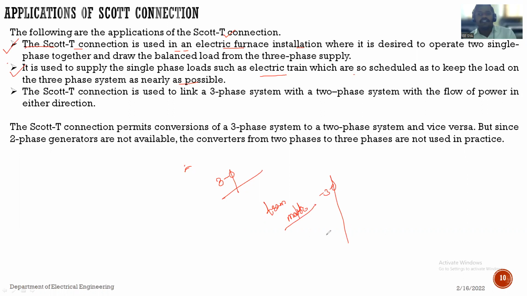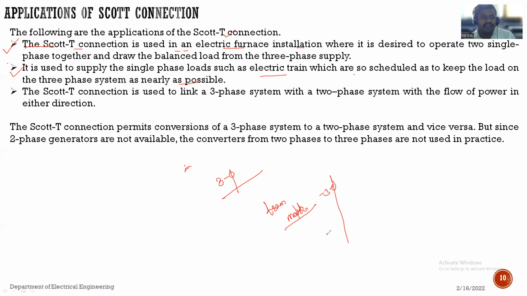Suppose we use a slip ring induction motor, it will require a three phase load, but for light purposes as well as fan purposes we require a single phase load. Again there will be unbalancing. So to avoid that unbalancing, it is possible to use the Scott connection.